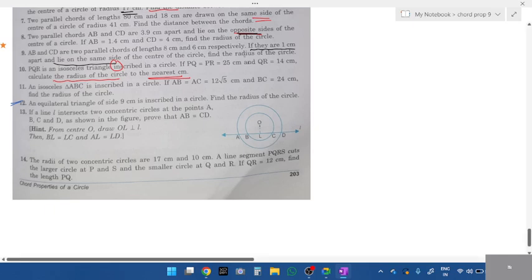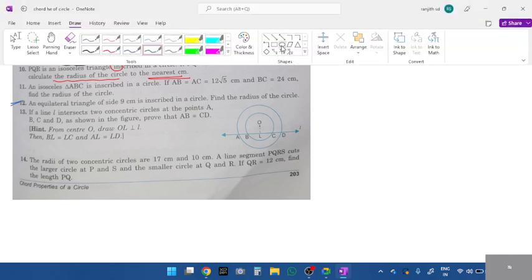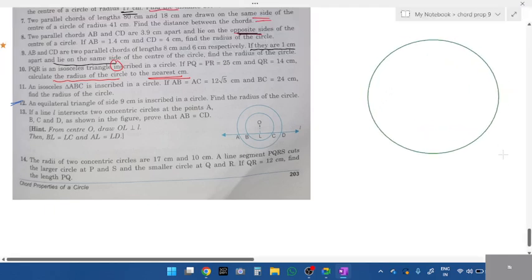Okay, proving question is also fine. Compared to other things, proving question is easy. Let me solve this.